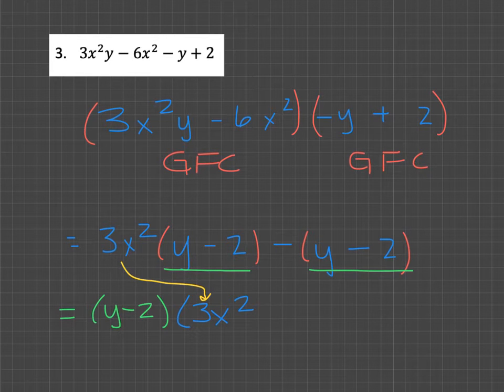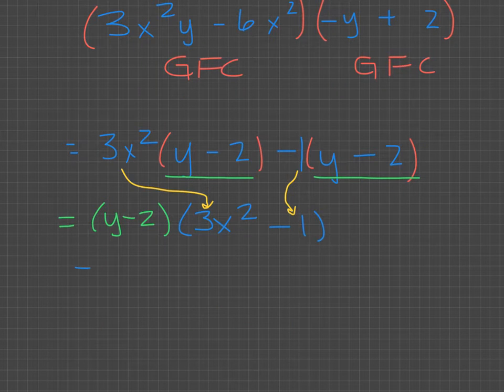But remember, we can always put in a 1. It's like negative 1 times y minus 2. So if we bring that y minus 2 out in front, it leaves that minus 1. So our factored form is y minus 2 times 3x squared minus 1.